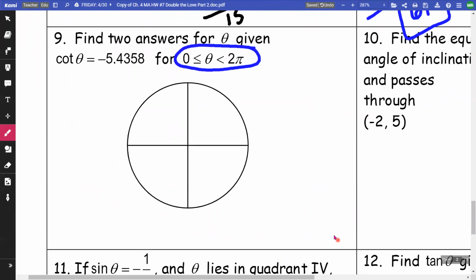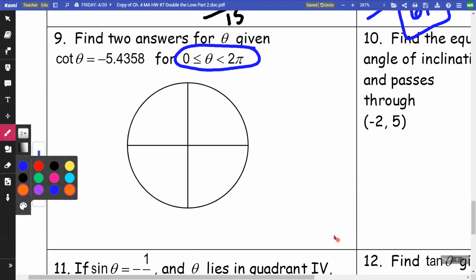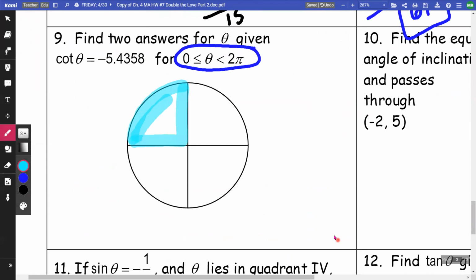They're giving me the cotangent, and we need to figure out where our cotangent is. It's negative, and cotangent is negative in quadrant 2 and quadrant 4, because this is where my x and y coordinates are different signs. And so that's where I'm going to be.